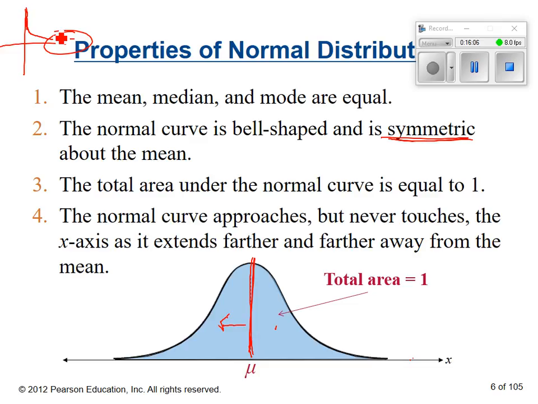Does anybody remember what those were called? Asymptotes or something like that? Sort of the same idea here, a little different. So the farther out we go, the closer and closer it gets to the x-axis, but it's never ever actually going to touch it.